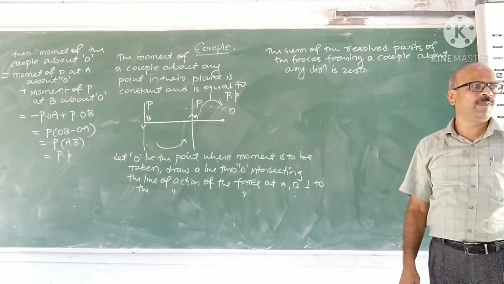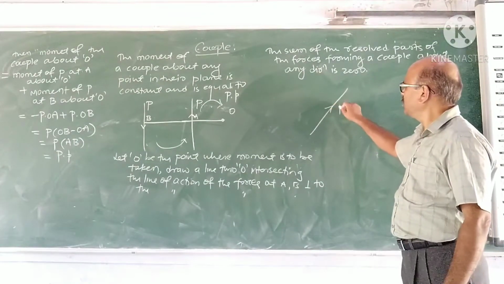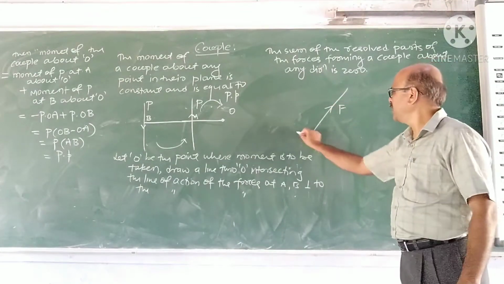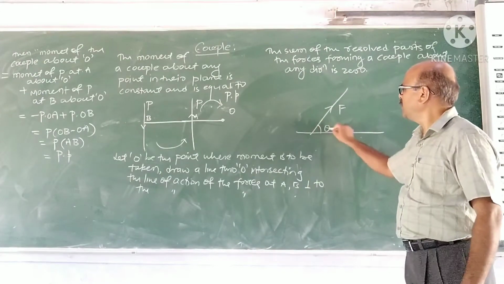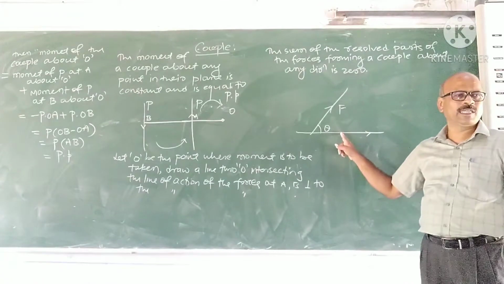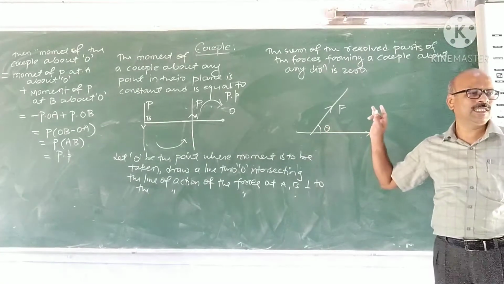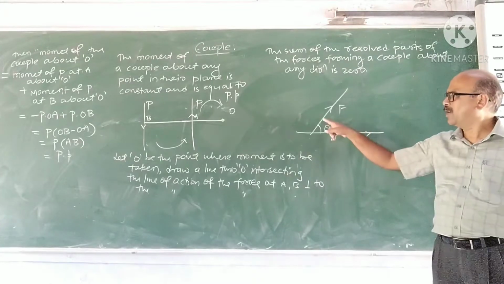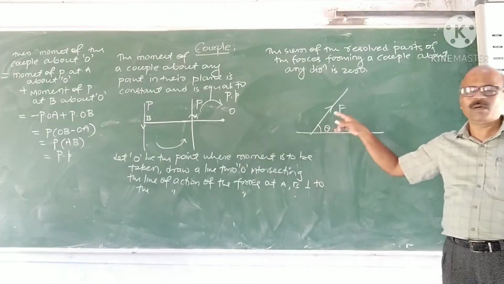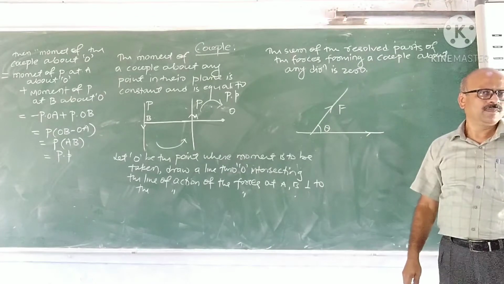What do you mean by resolved part? Suppose F is the force and it makes an angle theta with a given direction. Then the resolved parts of F are F cos theta and F sin theta. Resolved parts of F are the components of F along two perpendicular directions.